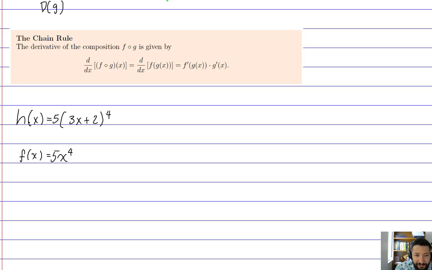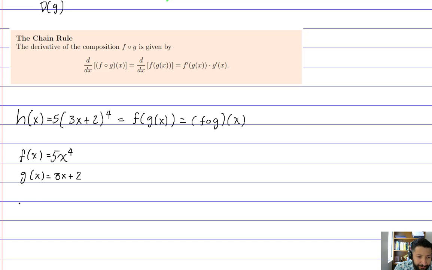So what I'm saying is whatever I do to this x is going to go in these parentheses. Now, what is that in the parentheses? Well, that's going to be your inside function, which is going to be 3x plus 2. So you can check that this is actually f evaluated at g of x, or if you want to write it in terms of composition, f circle g of x.